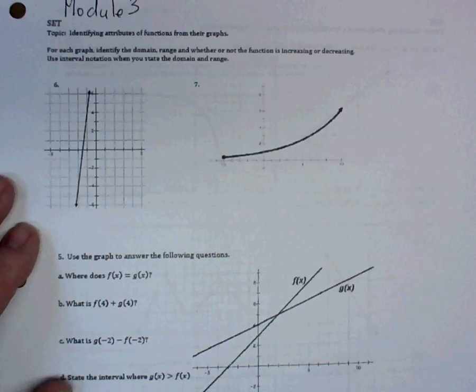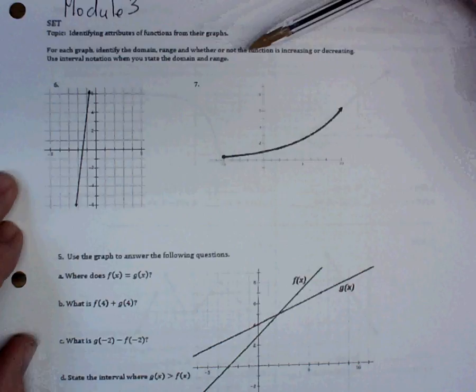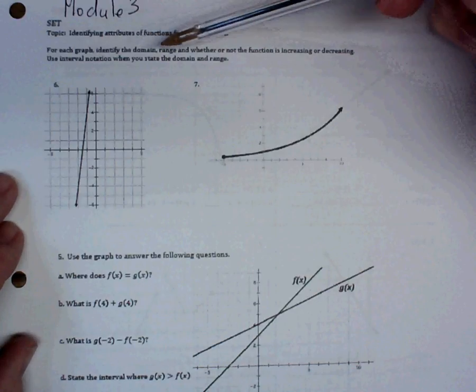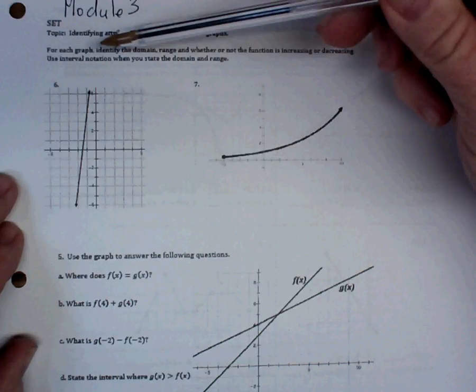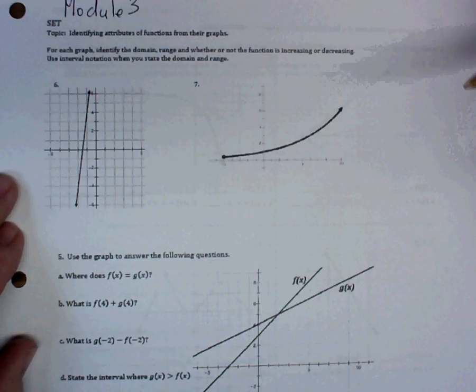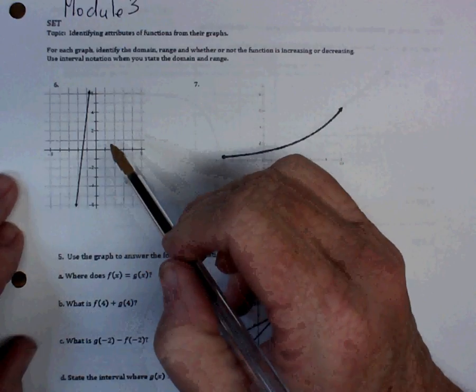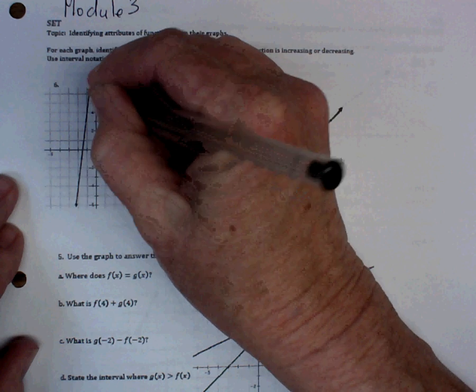Selected problems. This one says: for each graph, identify the domain, range, and whether or not the function is increasing or decreasing. Use interval notation when you state the domain and range. So if I'm seeing this correctly, this is where it starts.